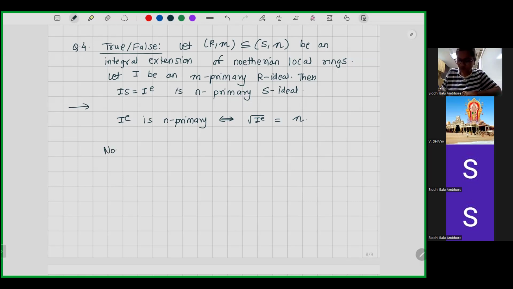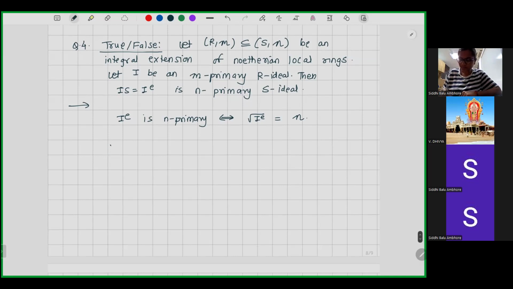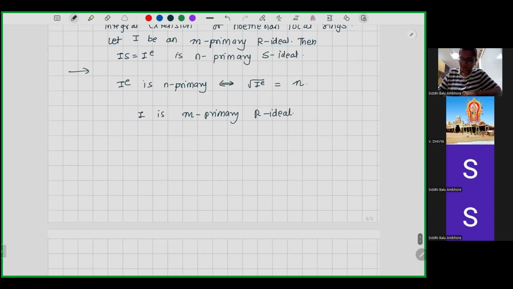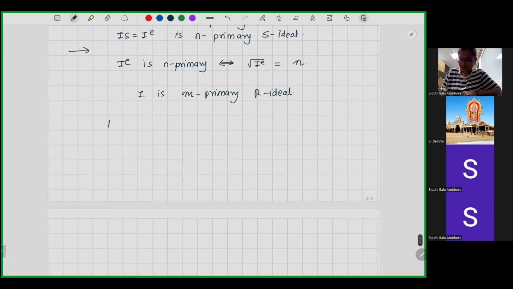So first of all, note that I is an m-primary R-ideal, and note that this I extension is a proper ideal.